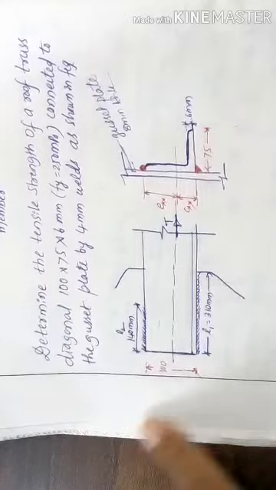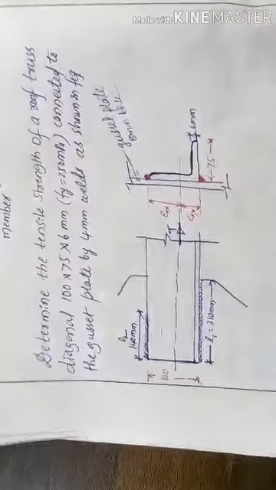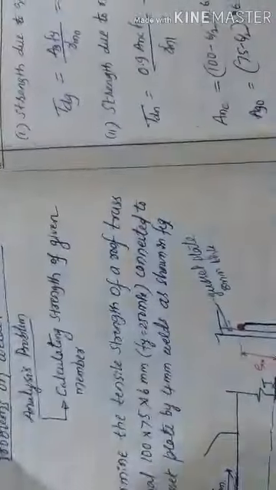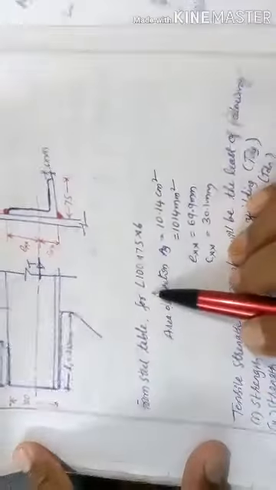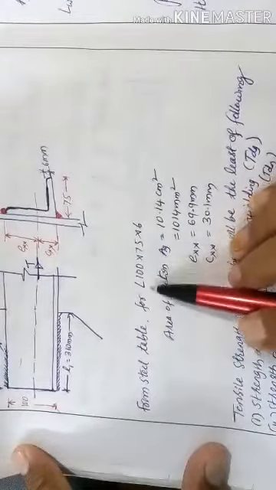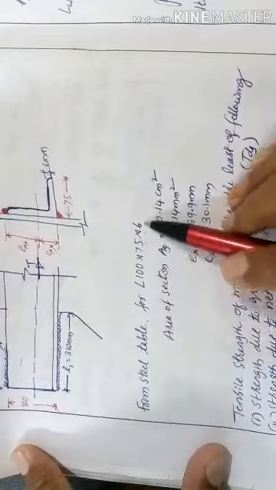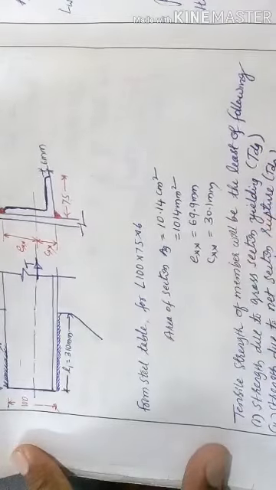From the steel table, for a single angle 100 by 75 by 6, you have to get the properties.